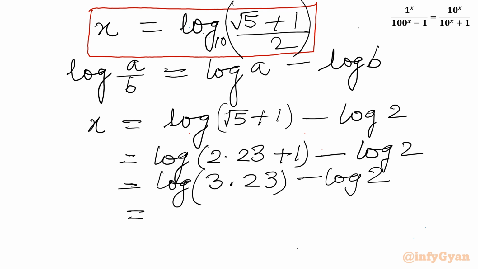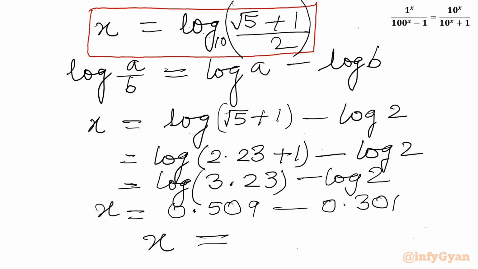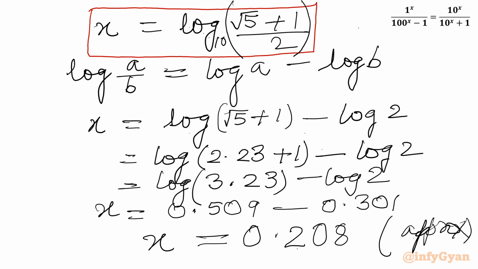Log 3.23 is 0.509. Log 2 is 0.301. And this difference will give us our answer, 0.208 approximately. And this will be our final and correct answer.